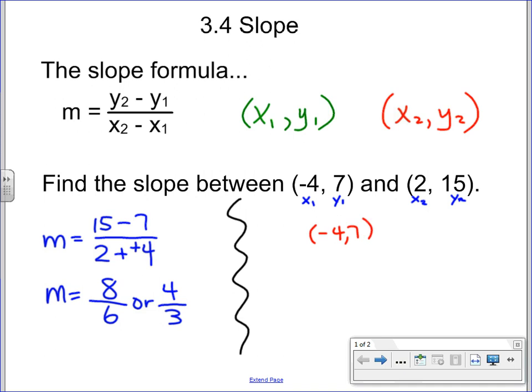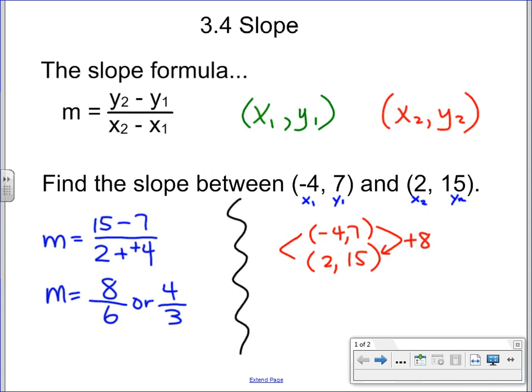If you don't want to use the formula, the other way that we've worked with slope is if you stack the 2 points and you just look for what your x's and y's are going up or down by. Okay? From 7 to 15, the y values are going up by 8.